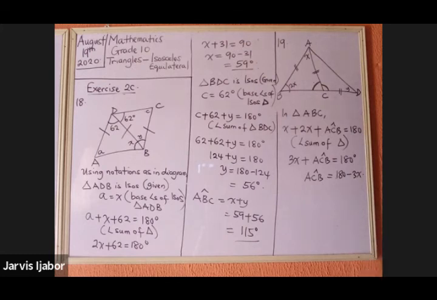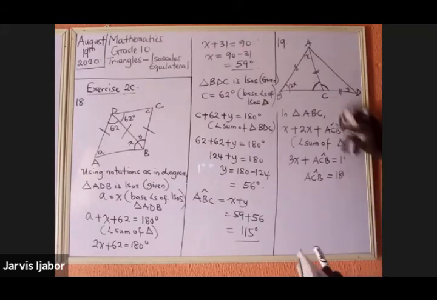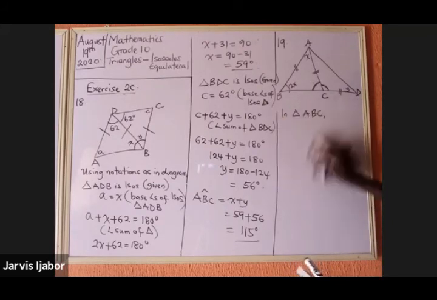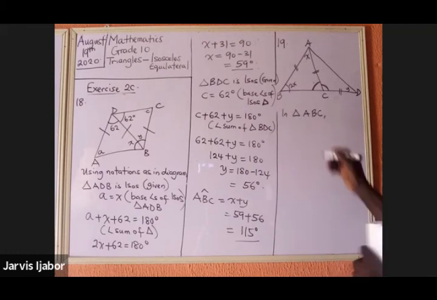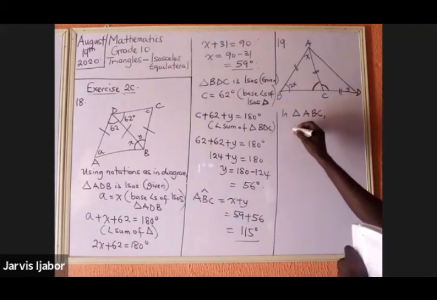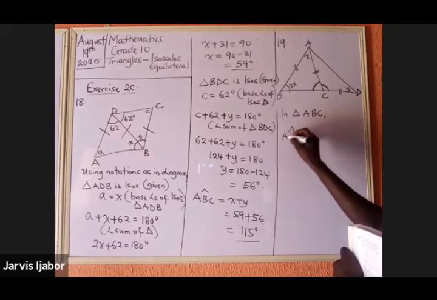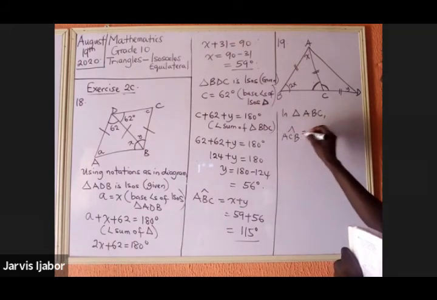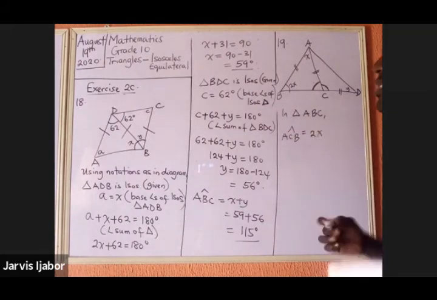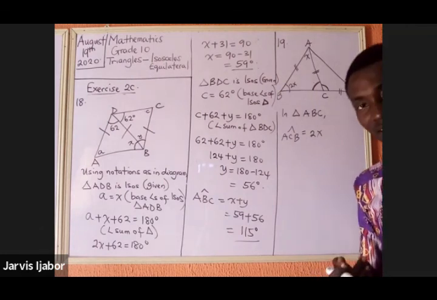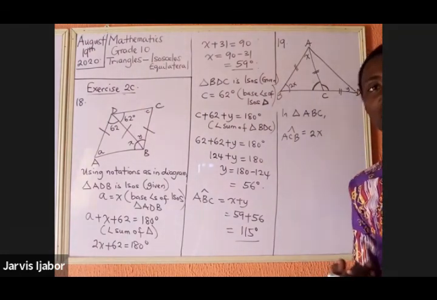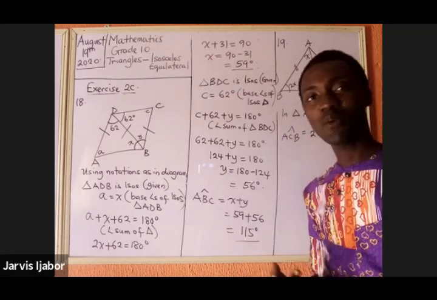But what am I doing? Sorry, I think I'm making a mistake. Let's go back. I think there's a simpler approach for that. In triangle ABC, angle ACB is equal to what? 2x. And that's the reason why in an exam, as you solve, sometimes you discover that there's a better way to go about it.